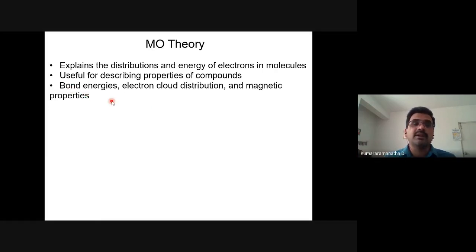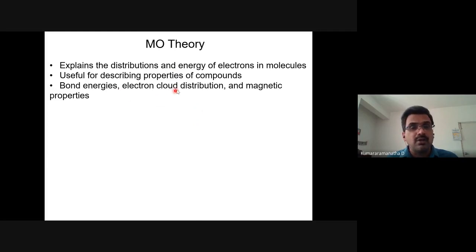Another very important aspect is bond energy. By looking at some molecules, you can say whether they have strong bond energy, so that you require more energy to dissociate them, or whether it requires only a small amount of energy to separate them. Another important aspect is electron cloud distribution.